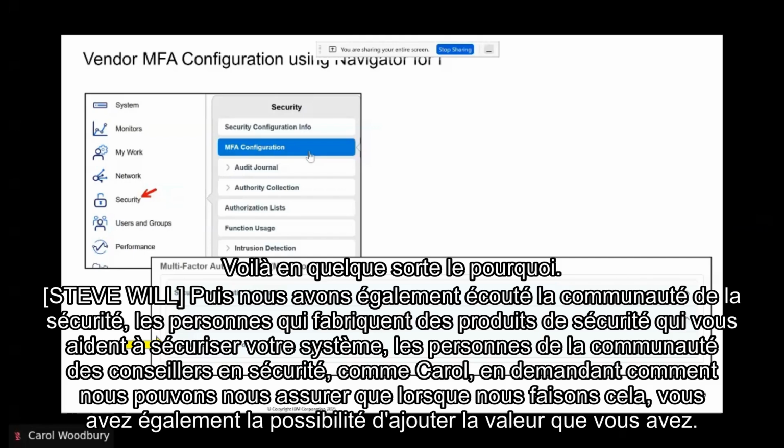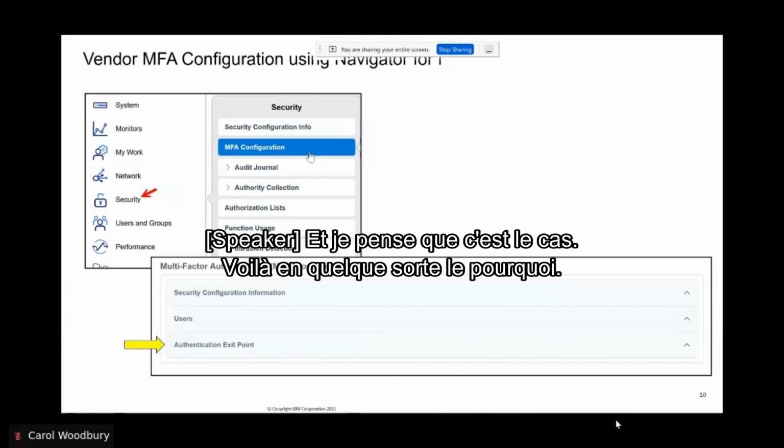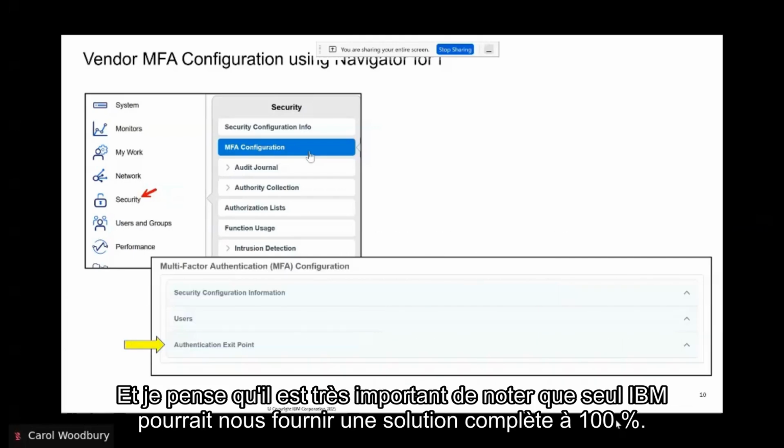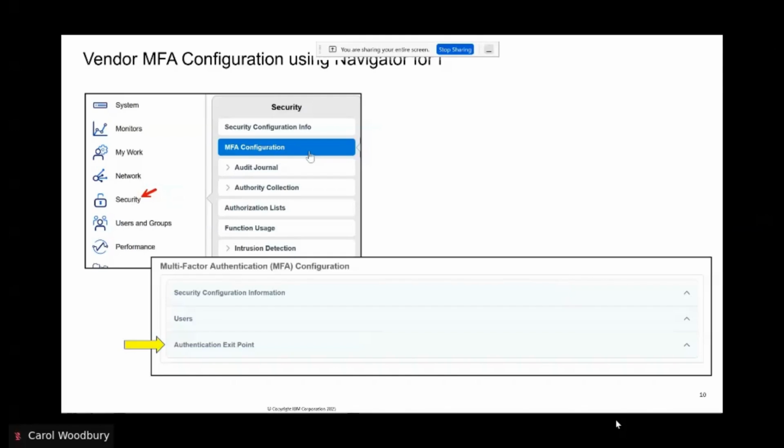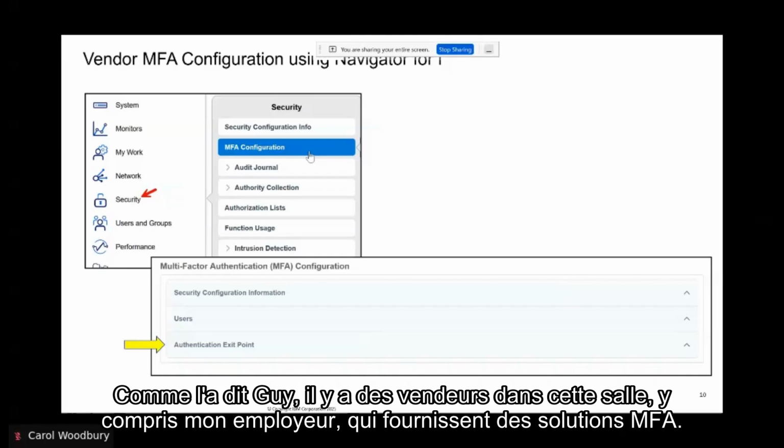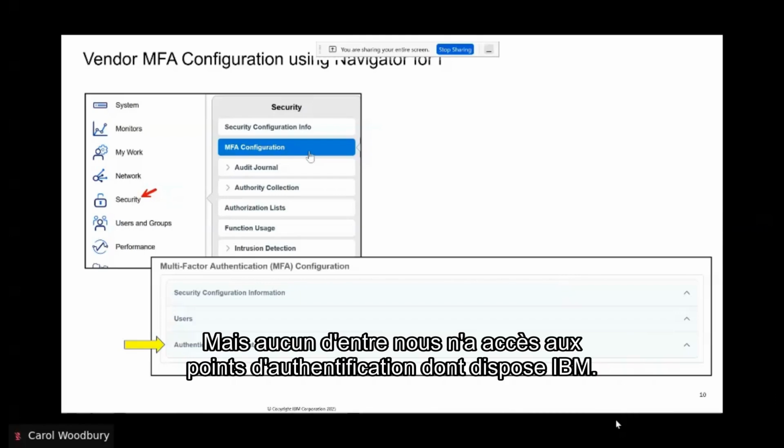And I think it's very important to note that only IBM could provide us with a 100% complete solution. As Guy said, there are vendors in this room, including my employer, that provide MFA solutions. But none of us have access to the authentication points that IBM does.